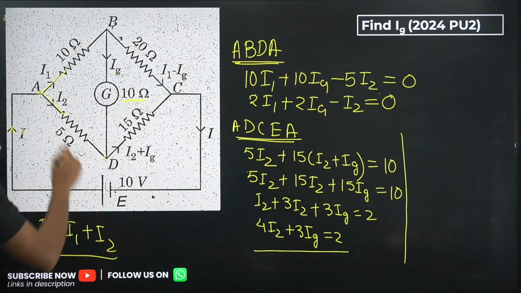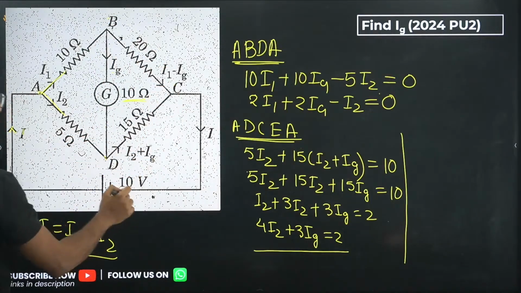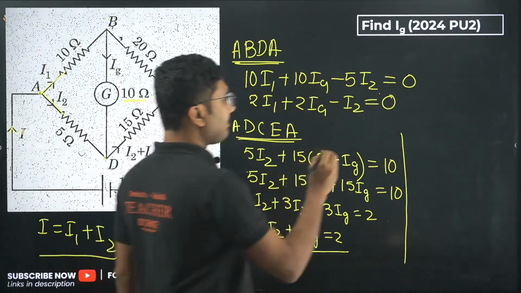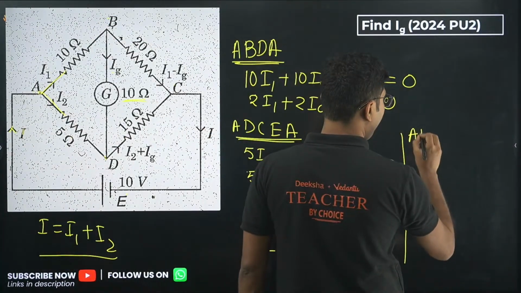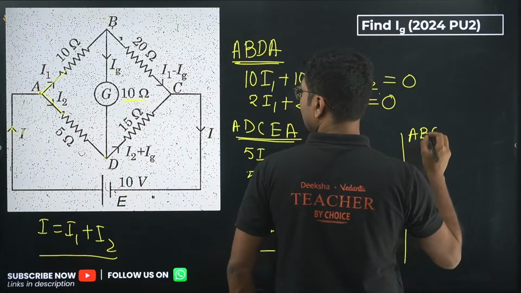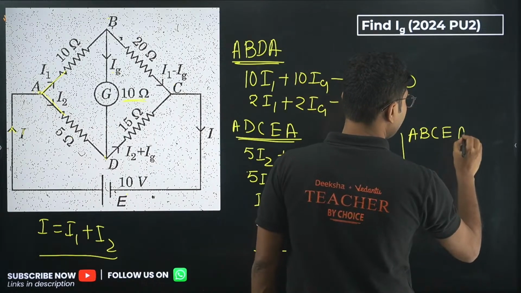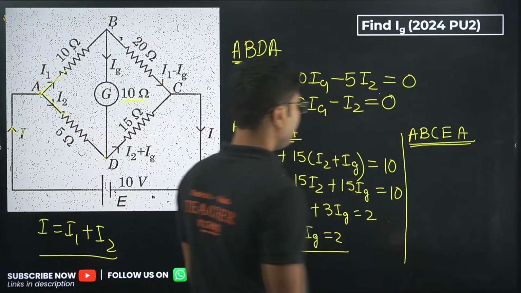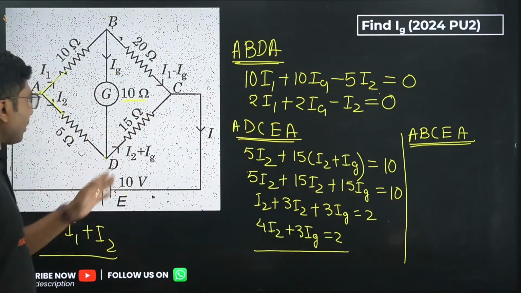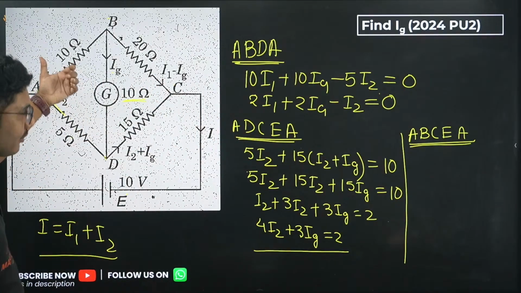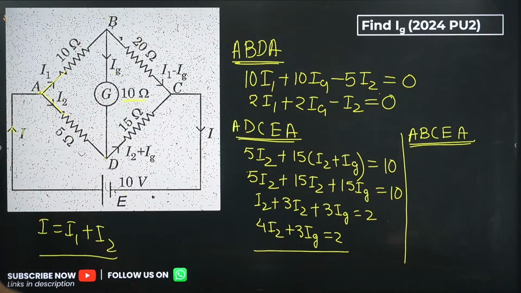So we will use ABCEA. So this loop is also important. I thought I could have solved it using the bottom loop, but anyway you have to use the top loop as well.